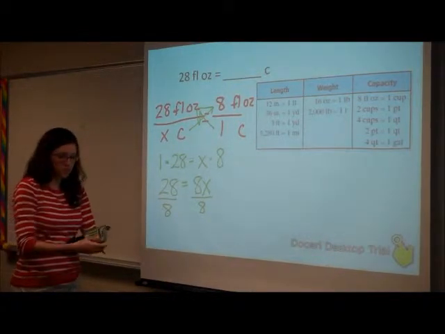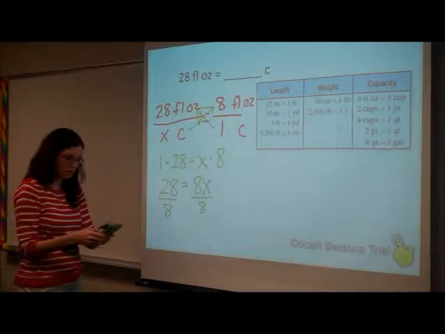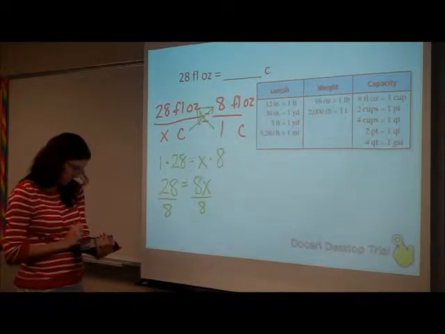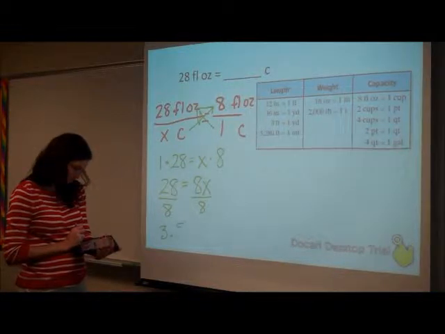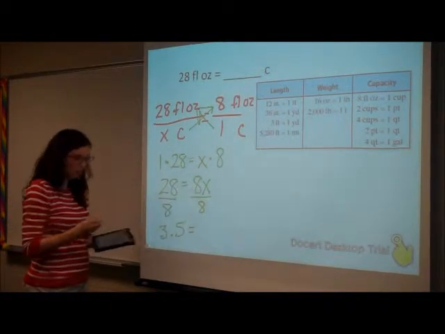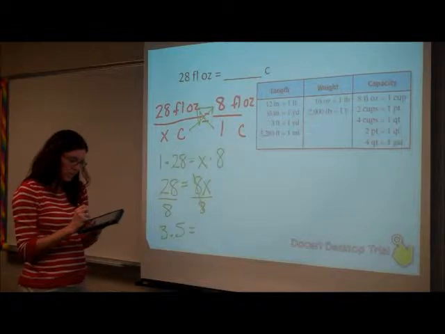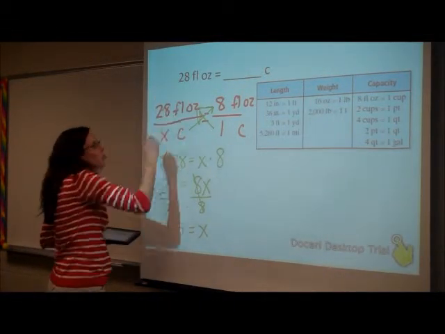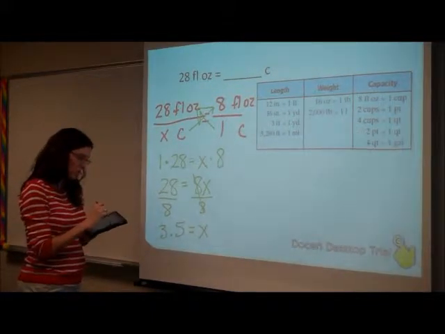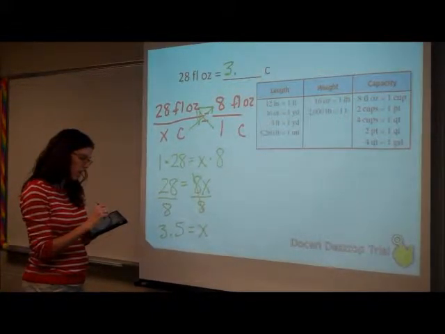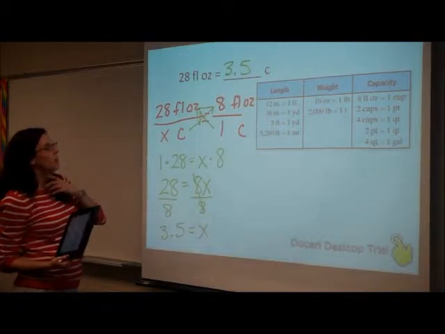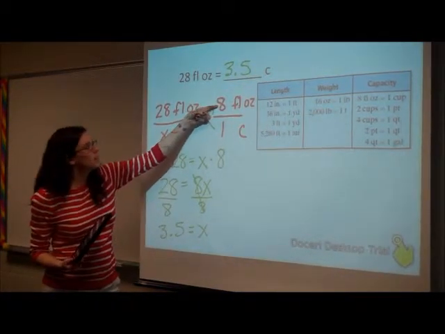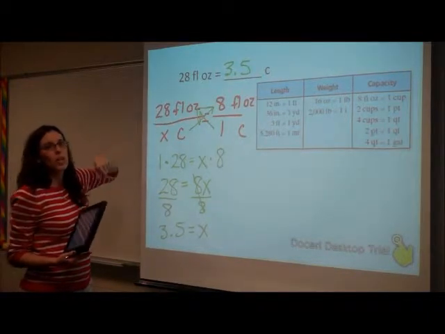So 28 divided by 8 is going to give me 3.5. And then 8x divided by 8, those 8's cancel out, and it just leaves me with x. So 28 fluid ounces is equal to 3.5 cups. Okay? So if we check that, yeah, about 3 times 8 is close to 28.